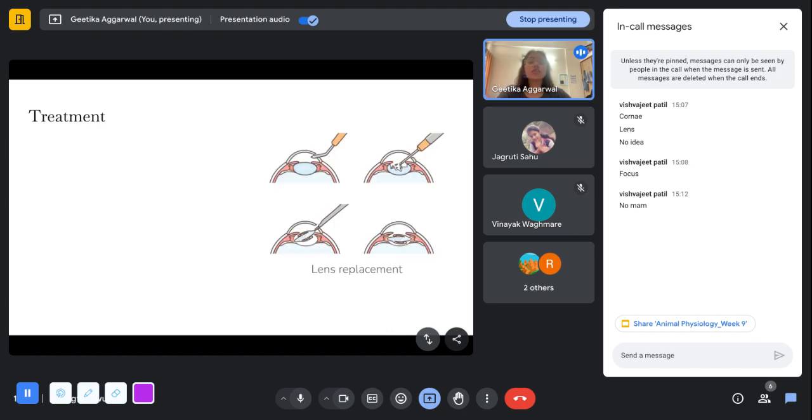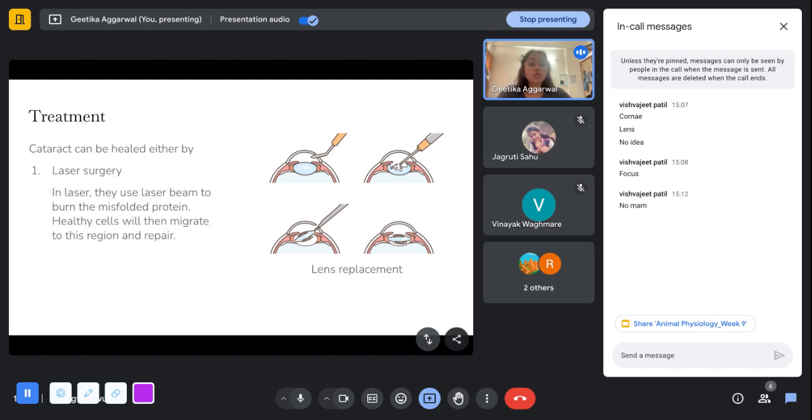So how do you treat it? You can just remove the lens, or you can remove these targeted proteins. So in laser surgery, which is coming up frequently now, it was not there before, but recently we have laser surgery, and in laser what they do is they burn the misfolded protein. Can you see in this image that there are these certain white spots?